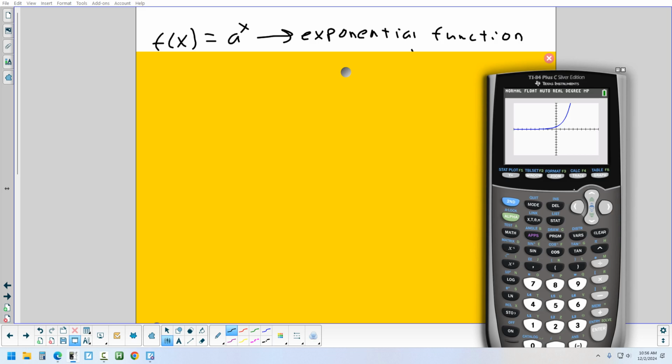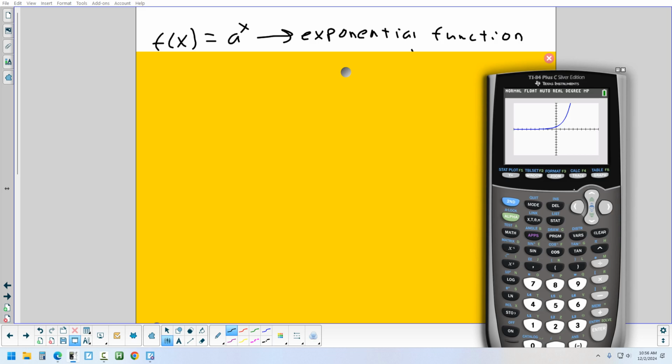How far left and how far right does it look like that graph in blue is going to go? Negative infinity to infinity, yeah. There's no indication that it's stopping.